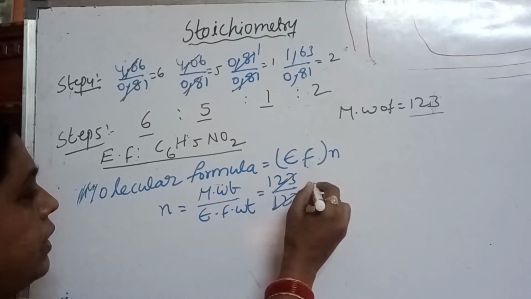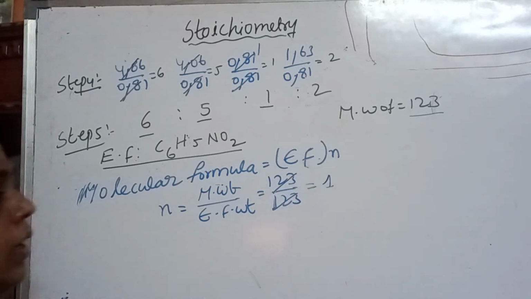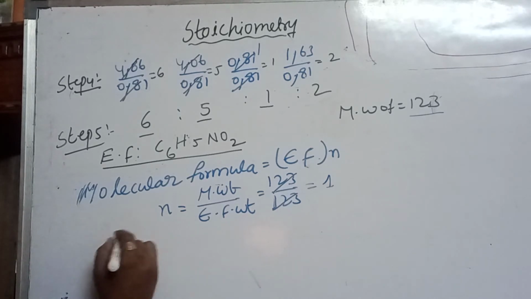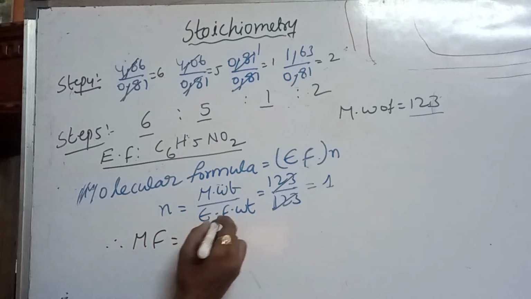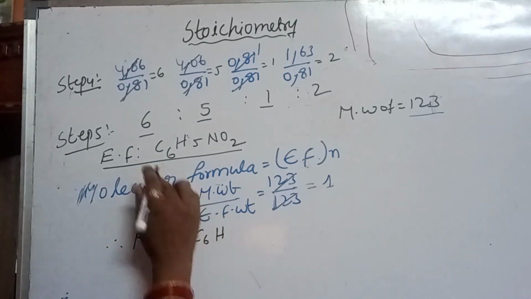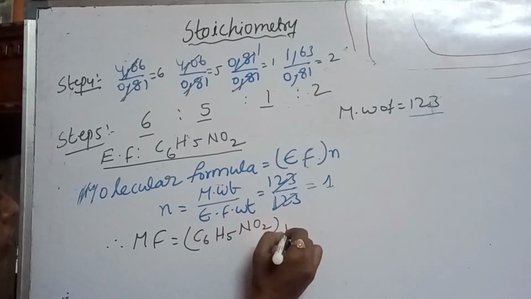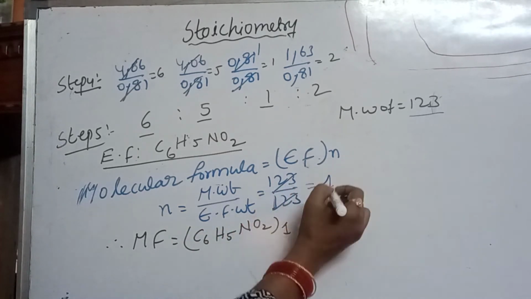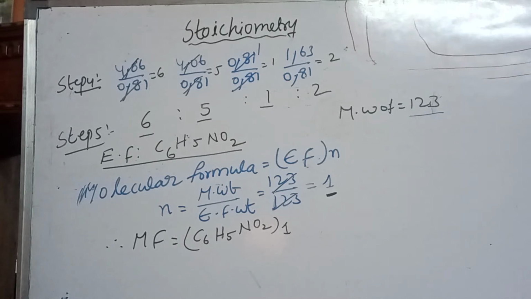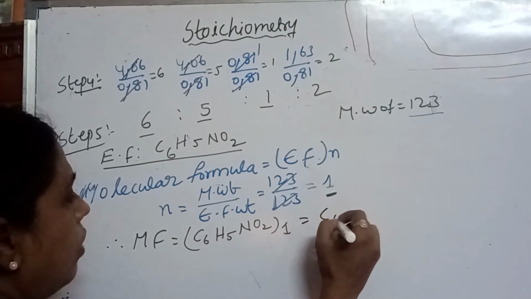So 123 by 123 gives n equal to 1. Therefore the molecular formula is C6H5NO2 taken 1 time, so the molecular formula is also C6H5NO2.